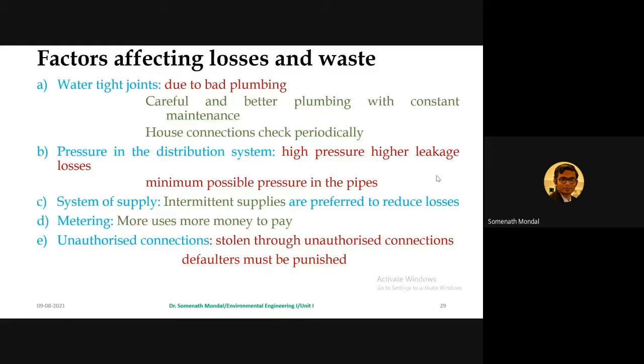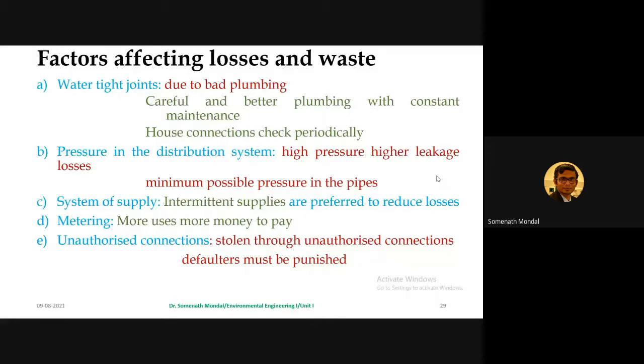Next is system of supply. So we have discussed to some extent. In intermittent system of supplies, the leakage losses are reduced because water is not run for 24 hours. Rather it is being run only for 6 to 8 hours, but there are some inherent problems associated with the intermittent system.